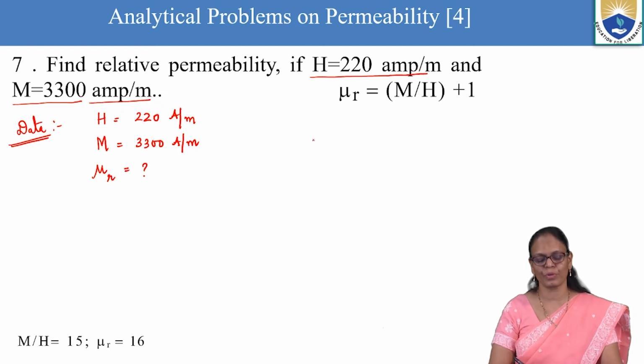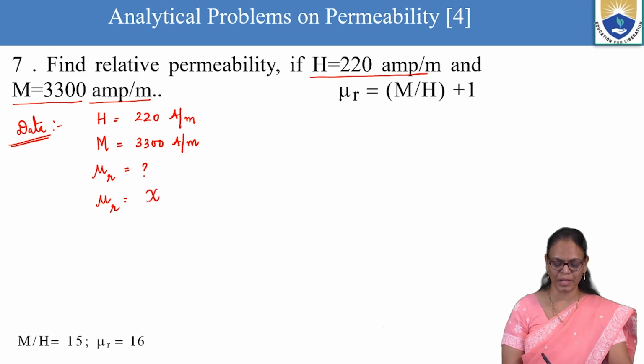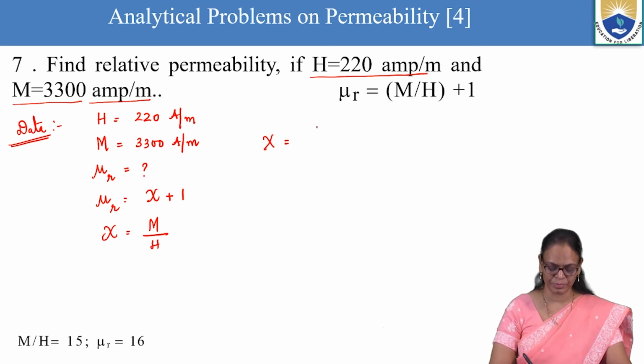What is mu r? We know the formula for mu r: mu r is equal to chi plus 1. So first we will find the value of chi. Chi is equal to what? M by H. M and H both are given. So chi is equal to M, 3300, upon H, 220.